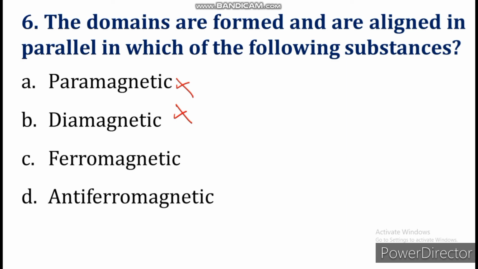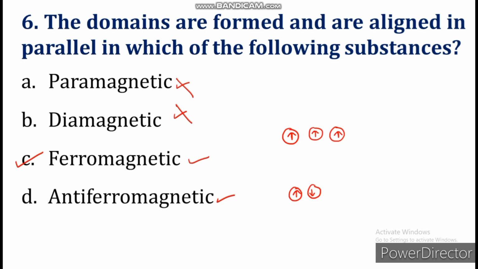In antiferromagnetic and ferromagnetic substances domains are formed, but in ferromagnetic they are aligned in the same or parallel direction, while in antiferromagnetic they are aligned anti-parallel, meaning in the opposite direction. So which option? Option C, ferromagnetic substances.